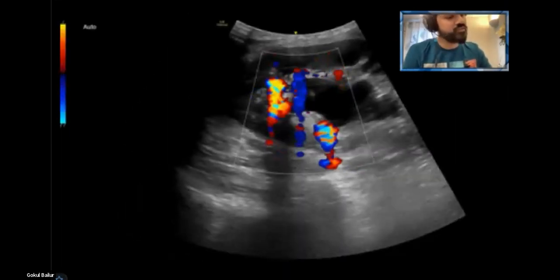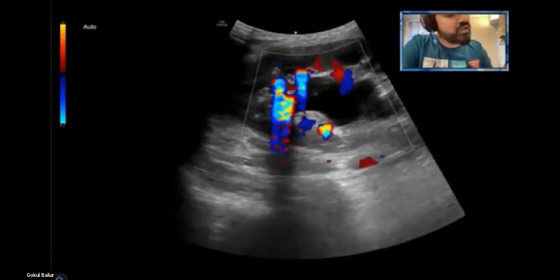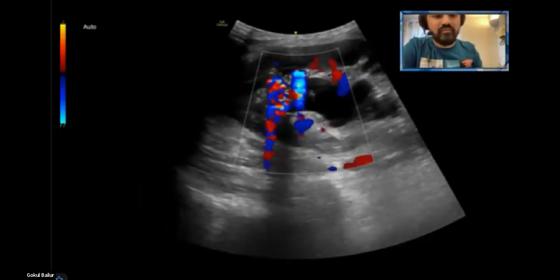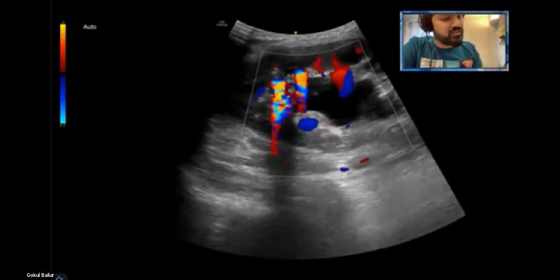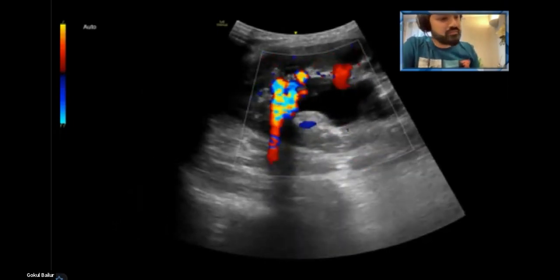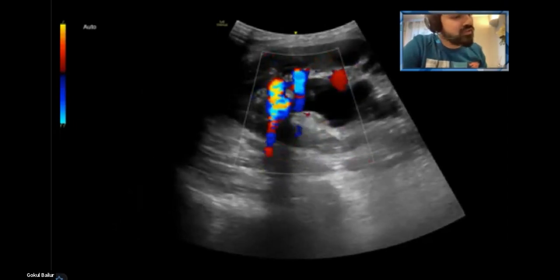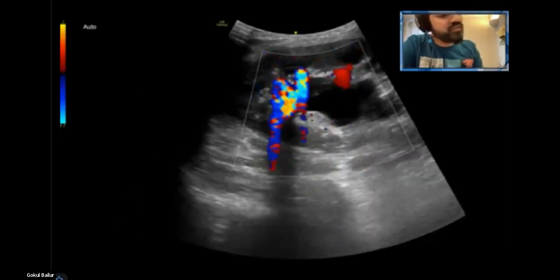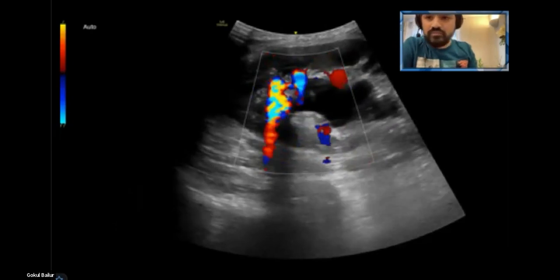This is another image where I've just thrown some color on that. Does anybody want to comment on what we see on this image? Just color basically on the kidney. Yeah, Jared, do you want to make a comment on that? You've just finished your physics paper for your PGC.